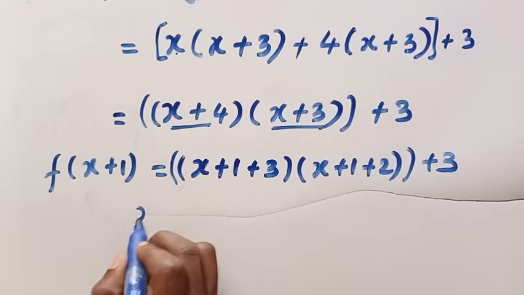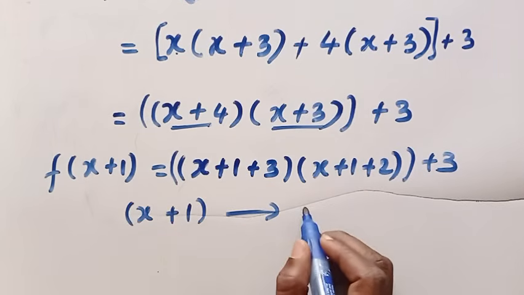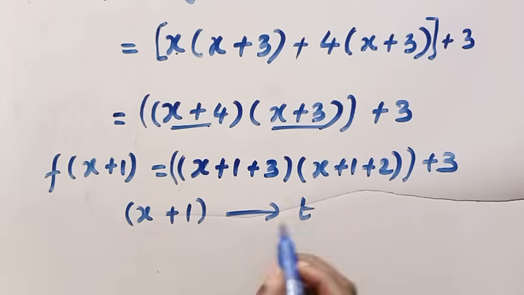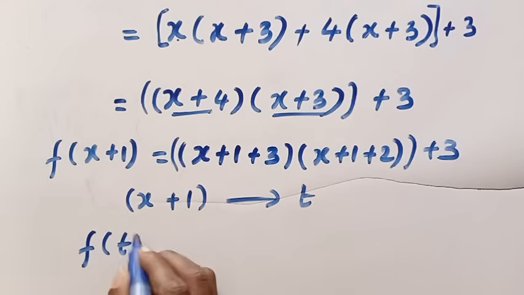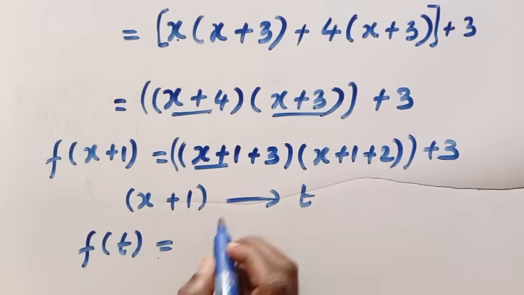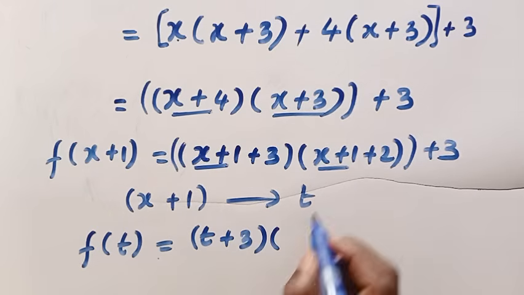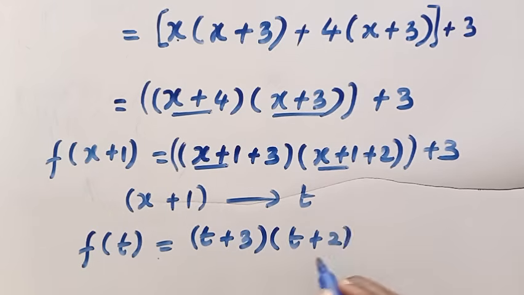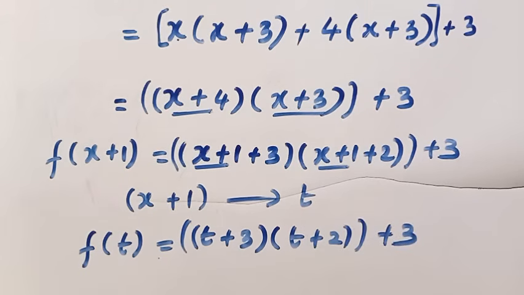Let's say I replace every single x + 1 with t, where x and t are members of real numbers. We have f(t) equals t(t + 3), and also this becomes t + 2, all in bracket, then plus 3.